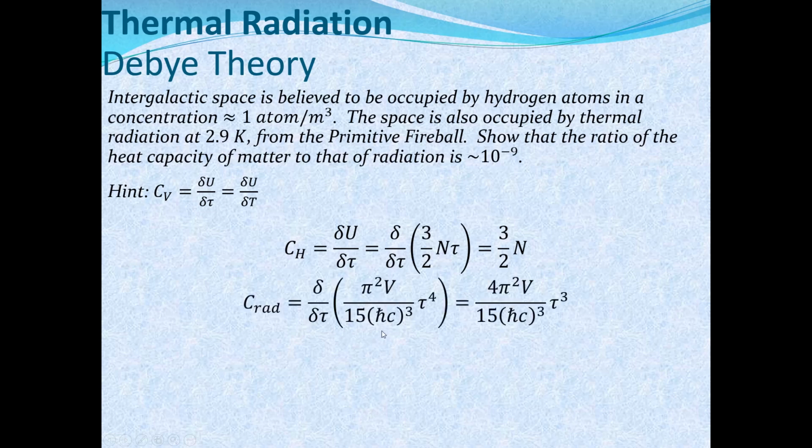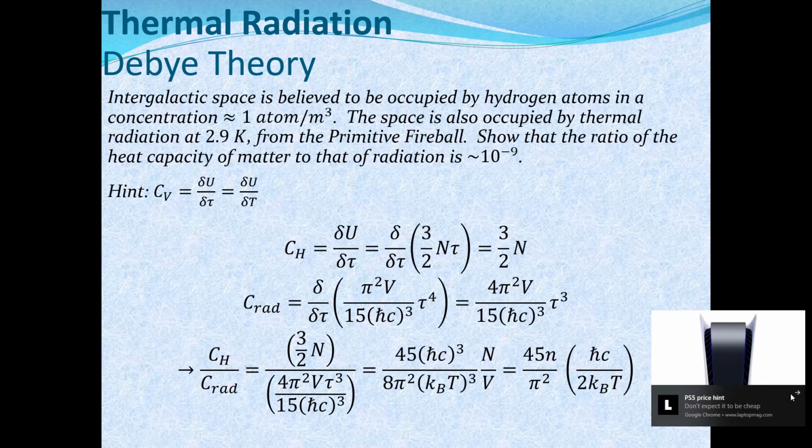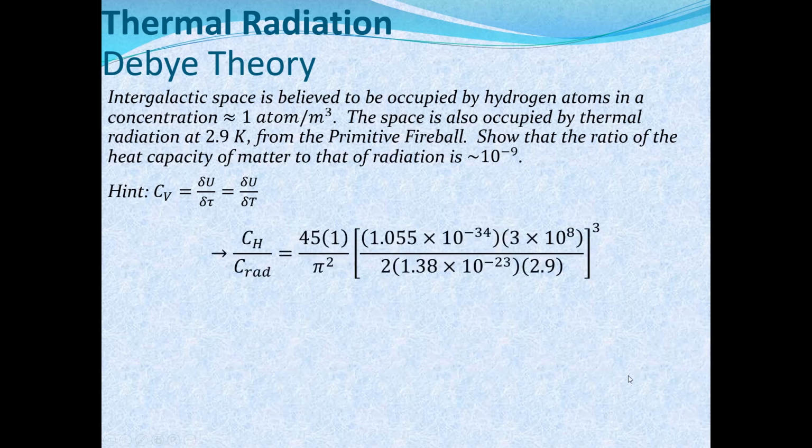This is from the photon radiation that we had before. Take the derivative of the internal energy, essentially the specific heat for typical matter. That's what they called it, and divide by that photon specific heat that we had before to get this. Plug in the numbers, and we get that it is roughly about 10 to the negative 9.